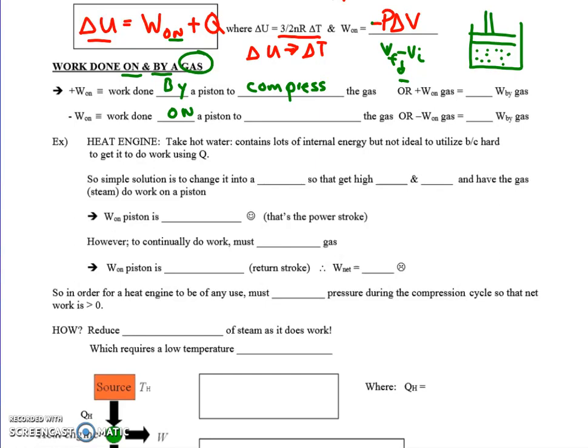Okay, negative work done on a gas is equivalent to work done on a piston. Oh, excuse me, my bad. This is a little bit awkward, but it'll work out. Work done by a piston to expand a gas. Okay, and actually I don't like the way that's worded, so I'm going to change that. My apologies, I'm going to do this on the fly.